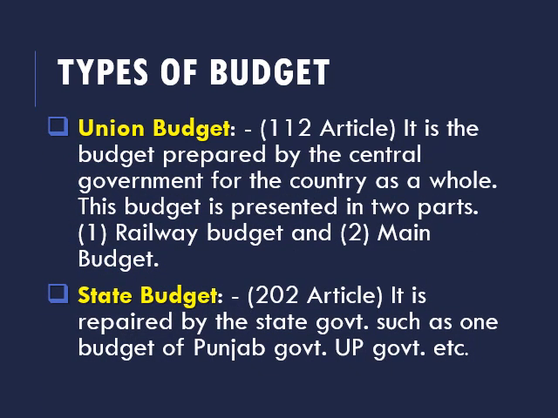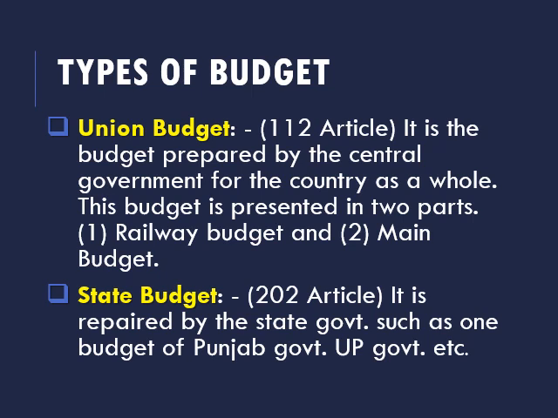So first one, union budget. Union budget is prepared under Article 112. It is prepared by the central government of the country as a whole. Earlier this budget was presented in two parts, railway budget and main budget. But now, after 2017, this budget becomes one, union budget only.